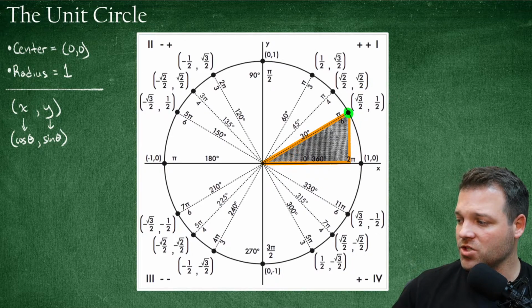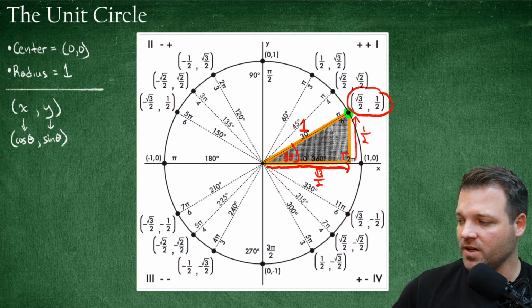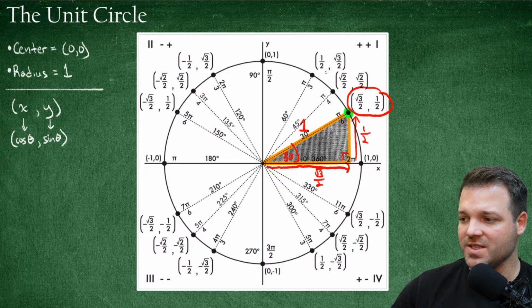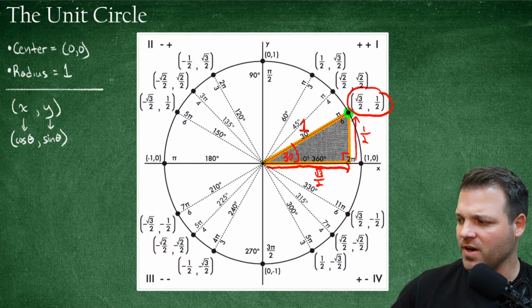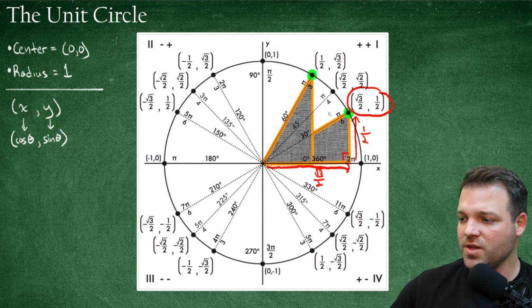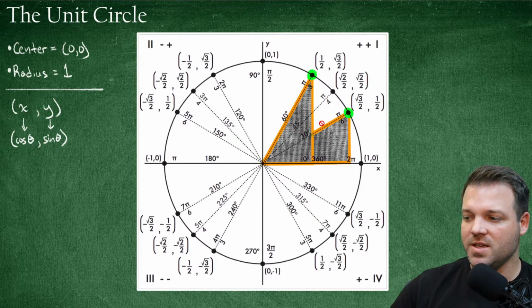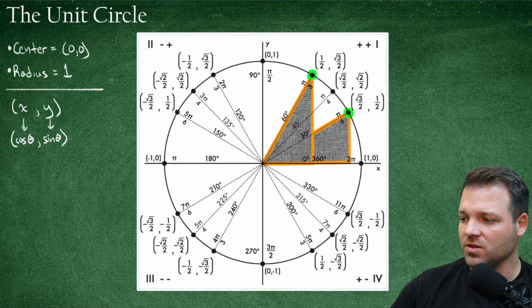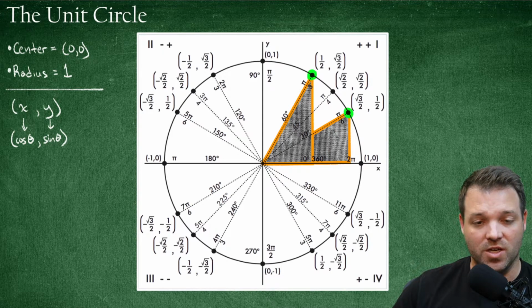Now, what I want to show you is a little pattern here. If I go to the 60 degrees, let's skip the 45 for now. We're going to go to 60 degrees, or rotating an additional 30 degrees. This triangle right here, let me take away these notes, is actually identical to this other triangle that we just calculated.